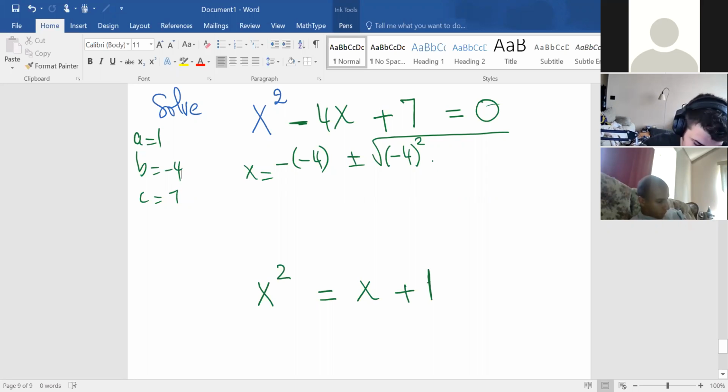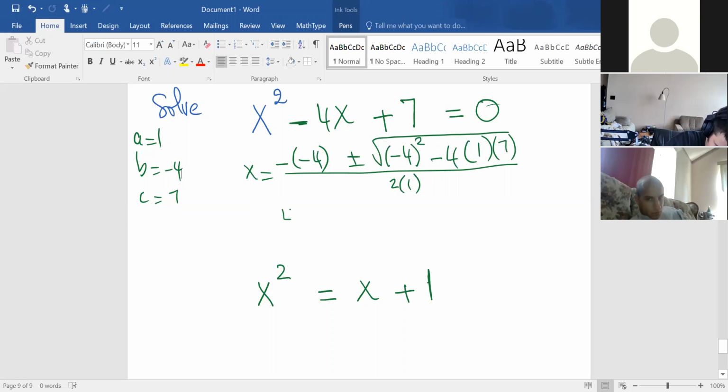Okay, minus 4 times 1 times 7, all over 2 times 1. That's going to be 4 here, plus or minus the square root of 16 minus 28, which is negative 12, right? Over 2.